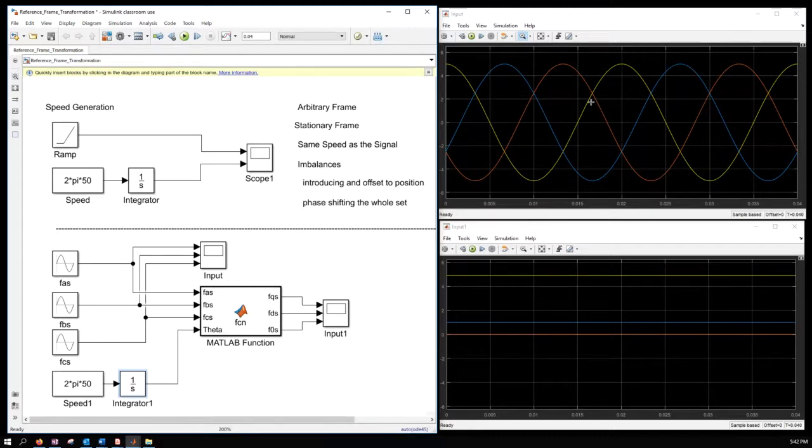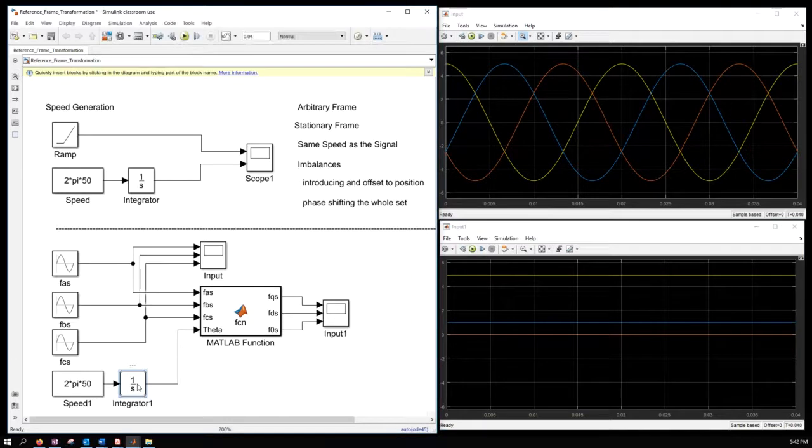They're not going to get influenced. But since we are looking at a slightly off reference frame, the amplitudes that we see in the reference frame are slightly affected. See? Now we have some amplitude for D, and the amplitude for Q is reduced, right? Zero sequence remains the same.